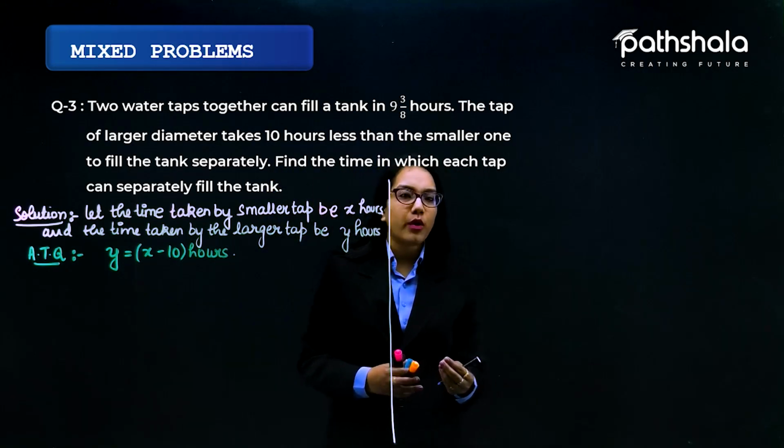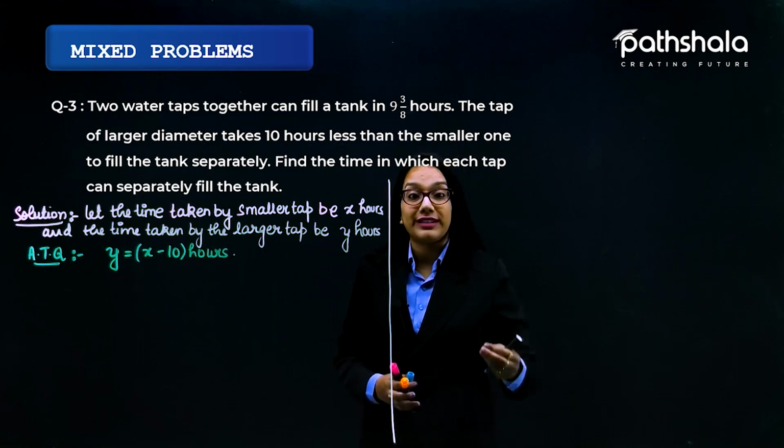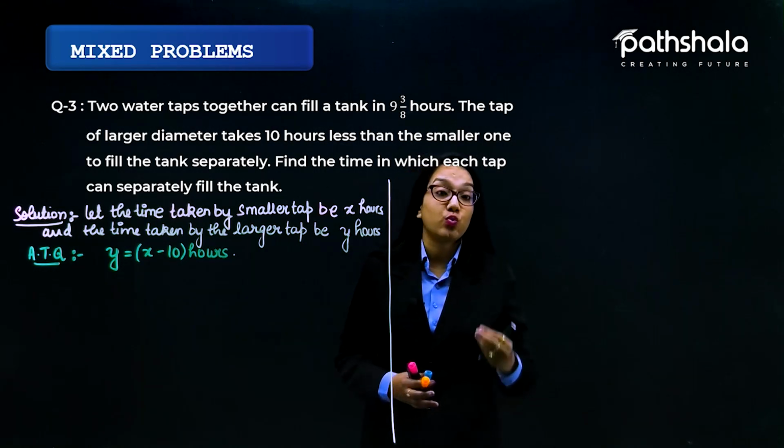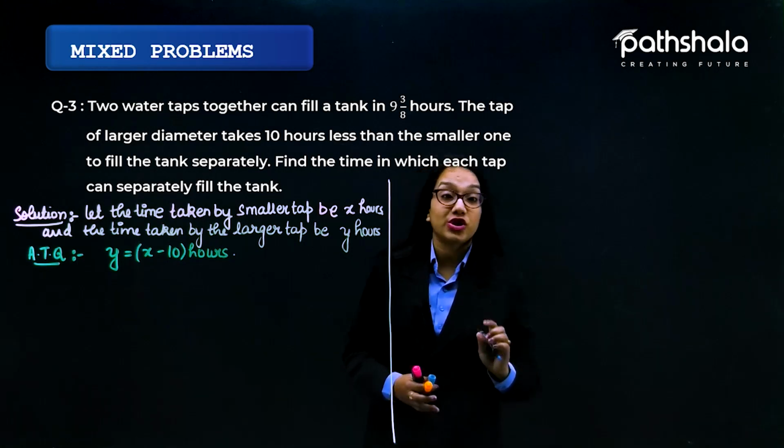Remember, the time taken by the larger tap to fill the tank is x minus 10 hours. Now let's talk about the part each takes to fill the tank in just 1 hour. We want to find their efficiency of filling the tank in 1 hour.